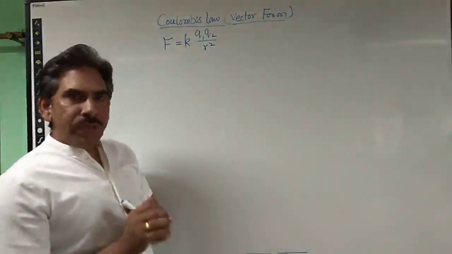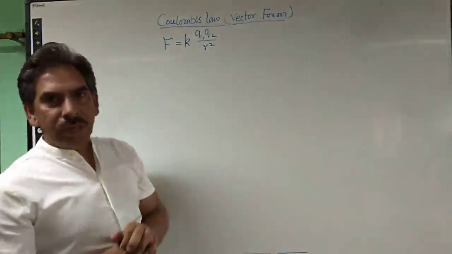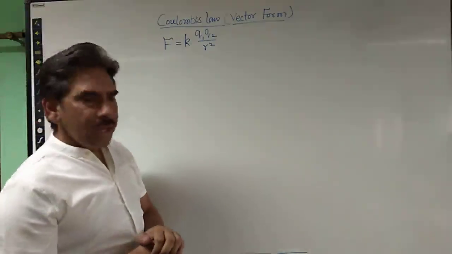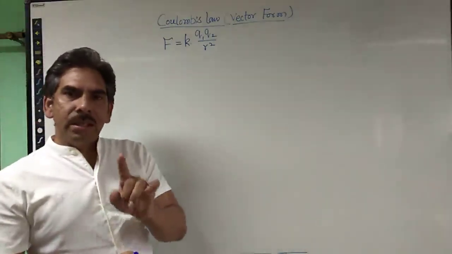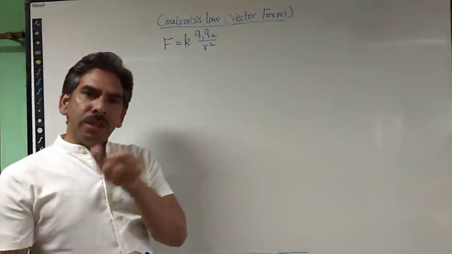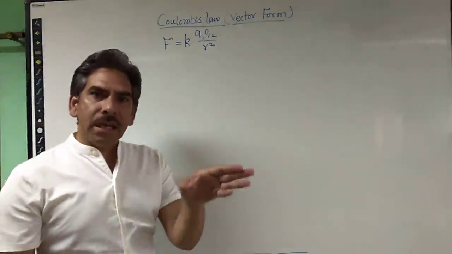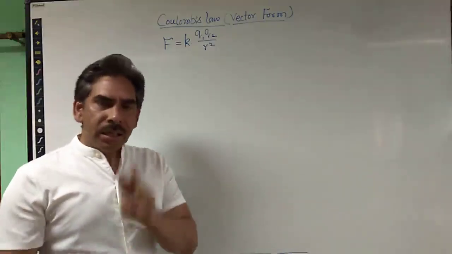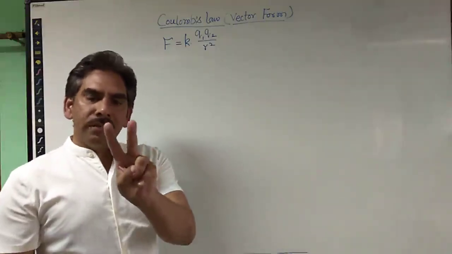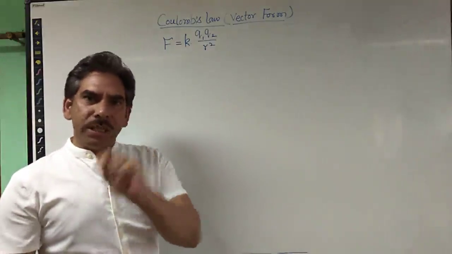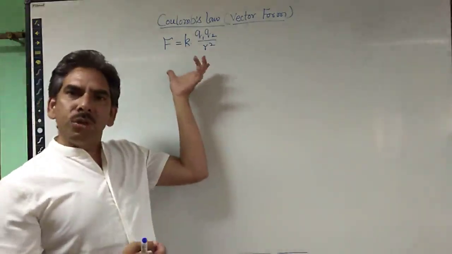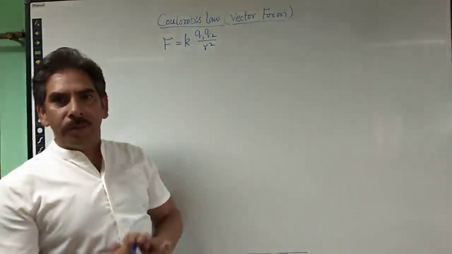Okay, so if we are willing to put this force in the vector form, we have to consider which one is the charge which is exerting the force and what is the direction of that charge on which the force is exerting. These two things are very much important. If you understand these two things, it becomes very easy to put the Coulomb's law in vector form.